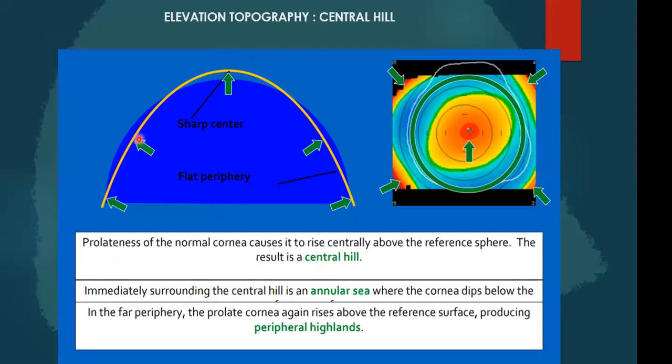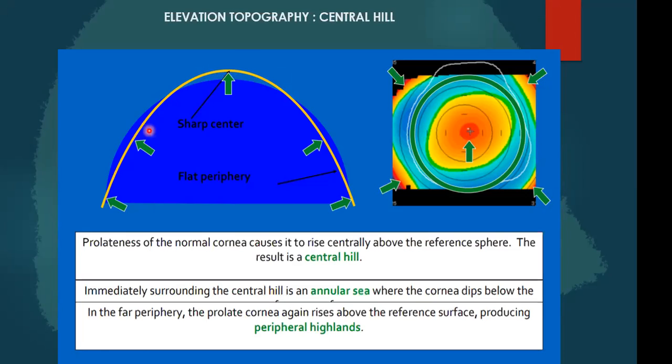Now, the prolateness of a cornea normally causes the center, that is this yellow line, to go above our elevation best fit sphere. This results in a central hill, and this central hill is depicted by this elevation or red area in the center. This is how a normal prolate cornea would look.